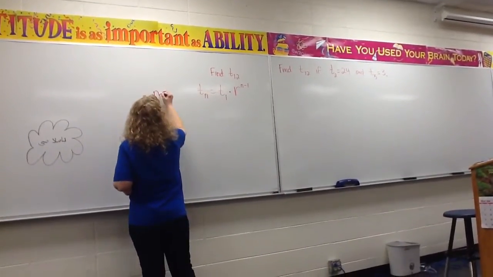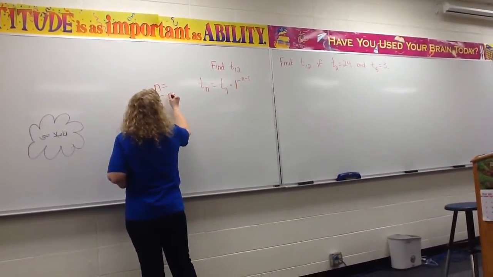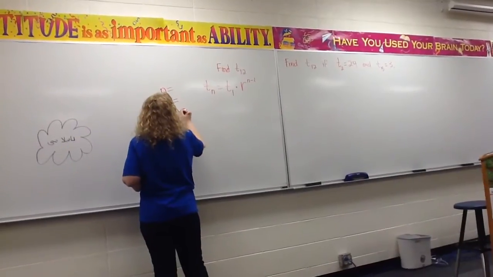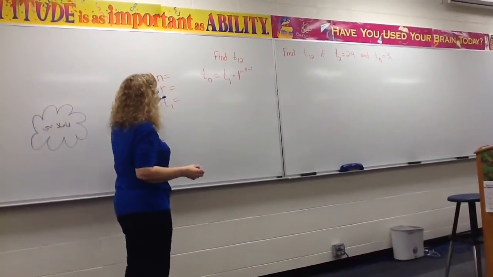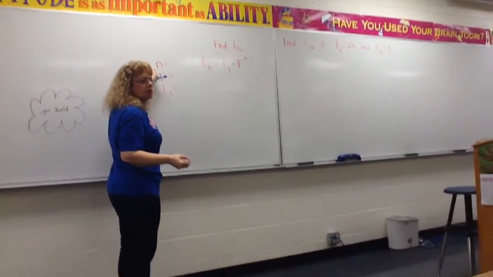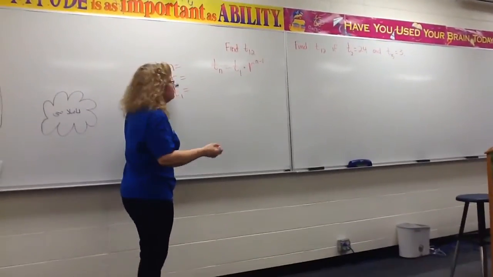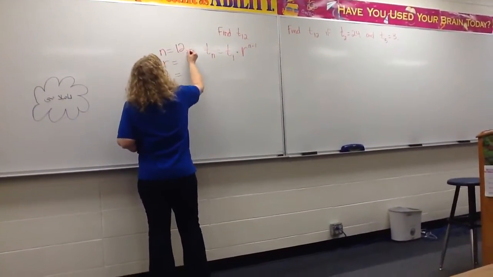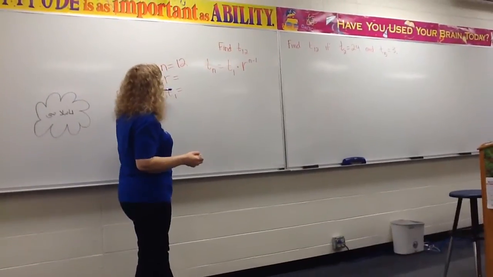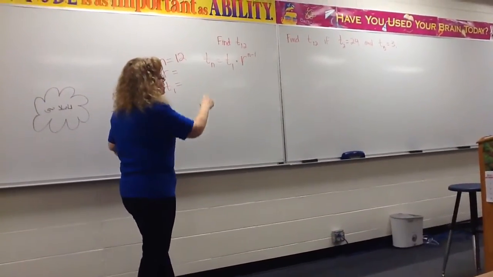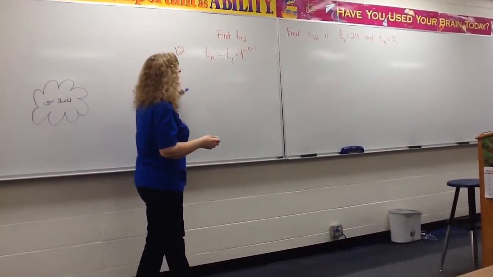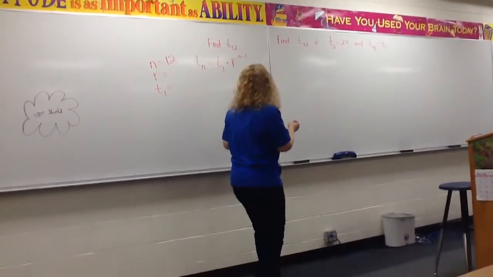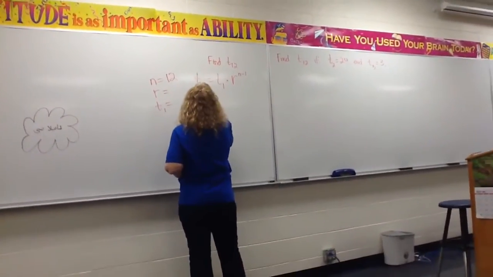And we're going to need to know n, we're going to need to know the ratio, and we're going to need to know the first term. We already know what n is, don't we? It's 12. But we're going to have to find the ratio and T1 with the information over there before we can find the 12th term. So I'm going to want T12.